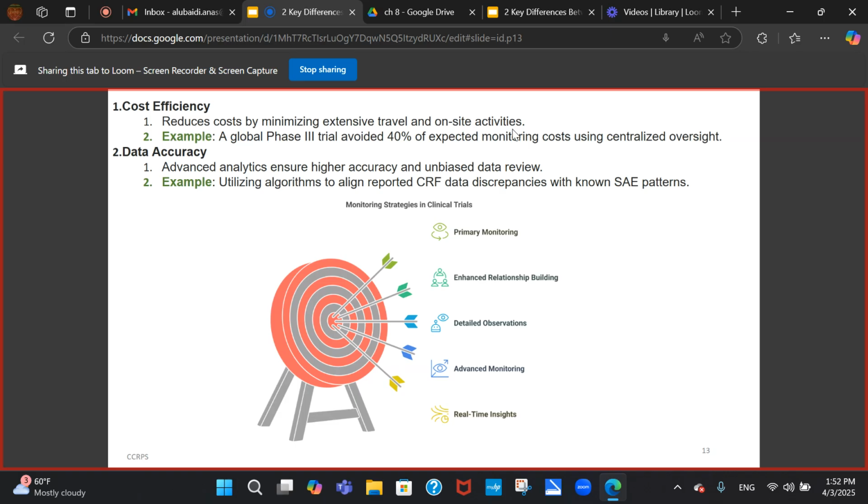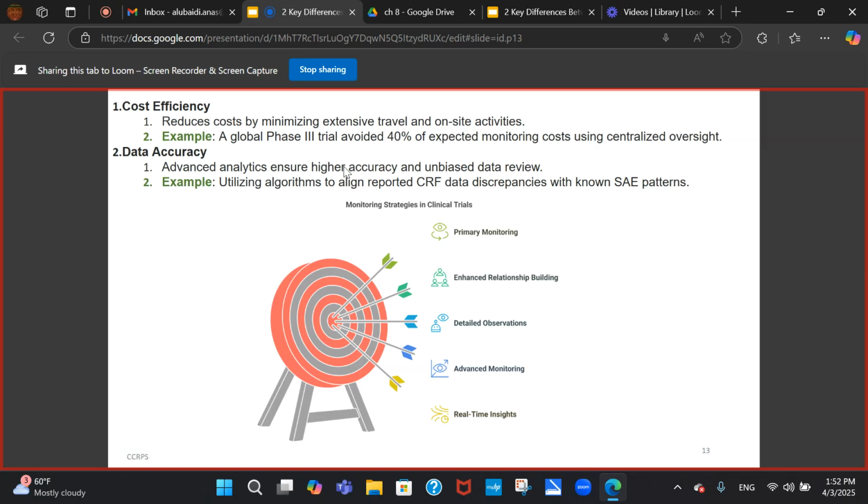Here also, cost efficiency is important to consider in deciding whether to follow the primary or advanced monitoring. And this applies to the advanced monitoring, because the idea of advanced monitoring is that you have advanced, enhanced technology that we use as monitors, yet using real-time monitoring to capture things, while minimizing the on-site, in-person physical site visits.